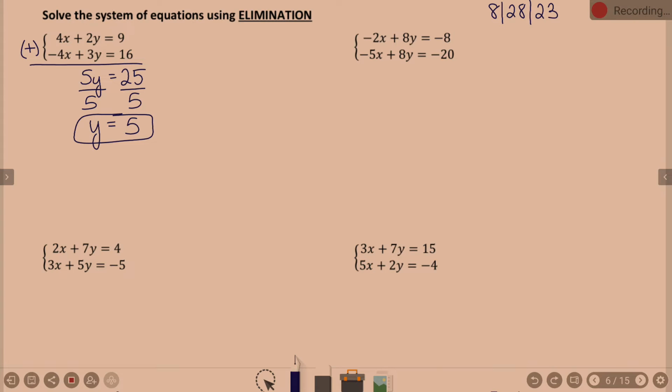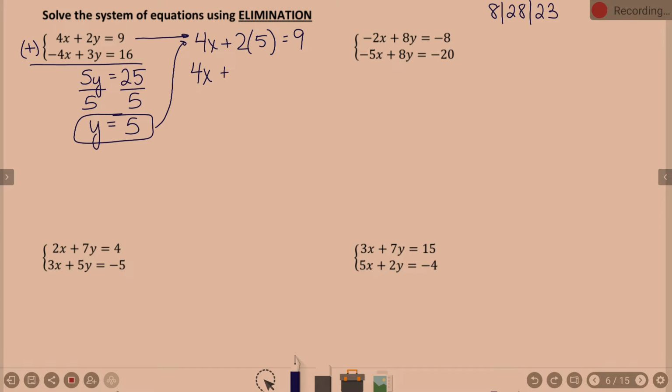Pick whichever looks more interesting to you. I'm going to pick the top, just smaller numbers and no negative. Where it says 4x plus 2y equals 9, I'm going to say 4x plus 2 times 5 equals 9.